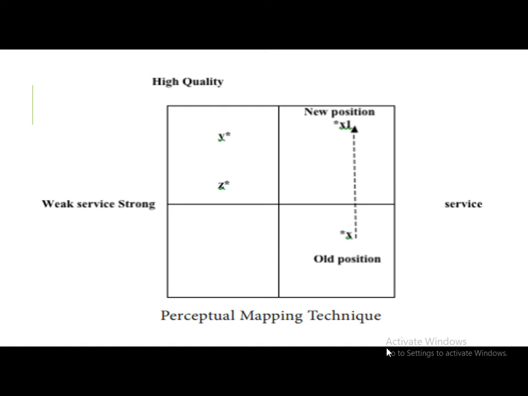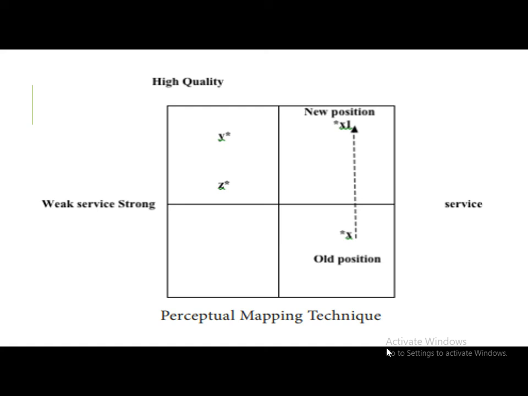So on the x-axis, you can see the weak service to strong service on the y-axis. Okay, so there are four quadrants: high quality, new position, old position, and comparison between the weak service and the strong service. So firm X's quality is perceived inferior to the competitors Y and Z.